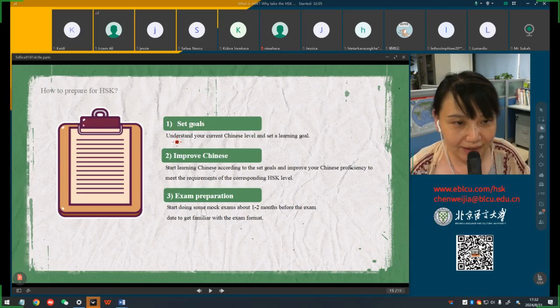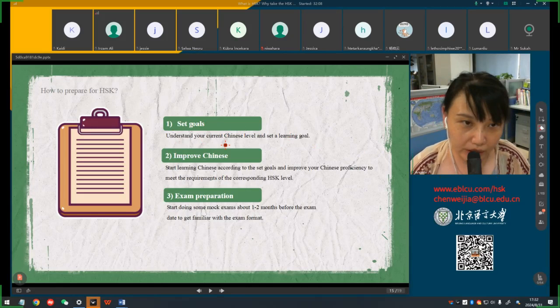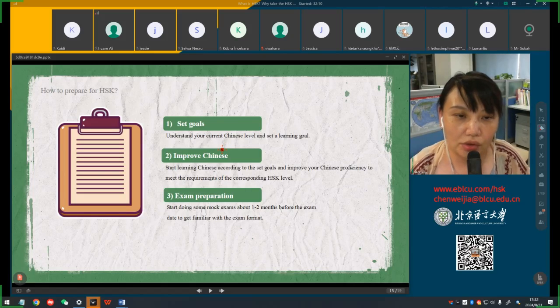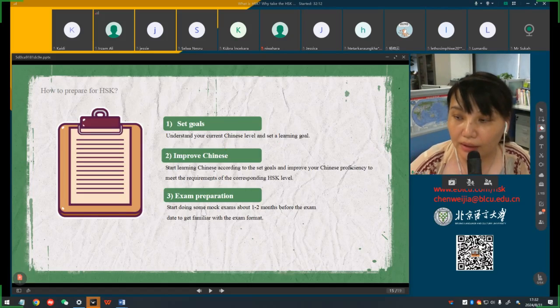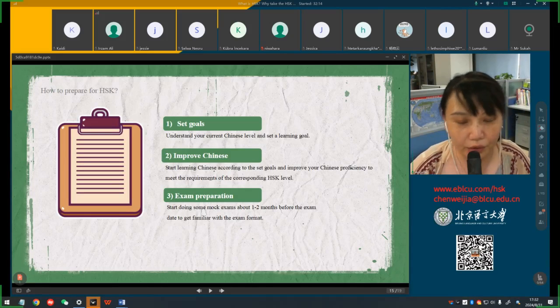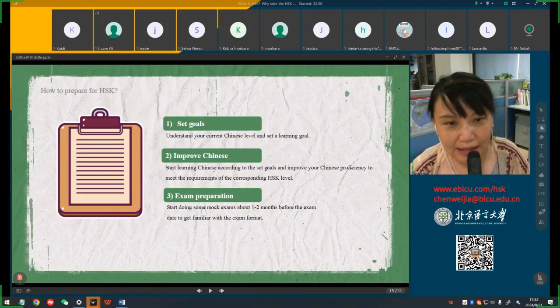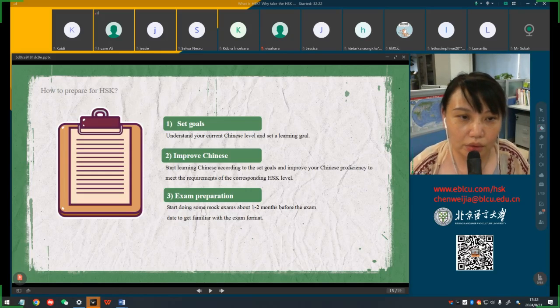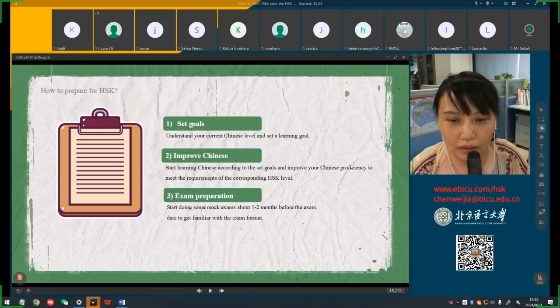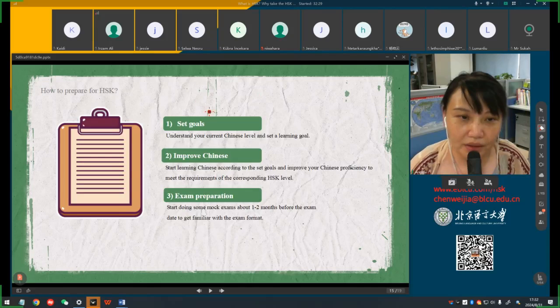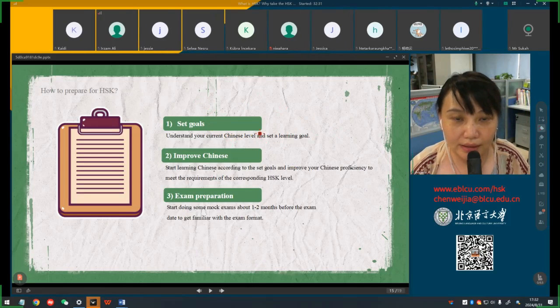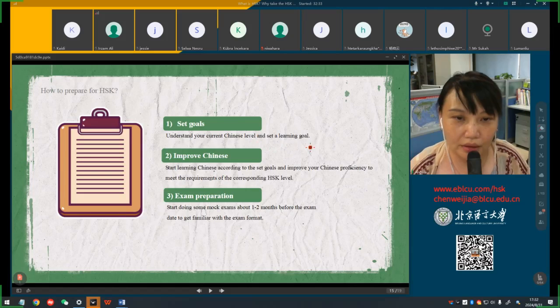So you need to set up a goal according to yourself and your current Chinese level, and also your long-term goal, like you want to go to China, you want to study here, you want to work, you want to apply for some degree. So it depends on your situation and set up the learning goal.